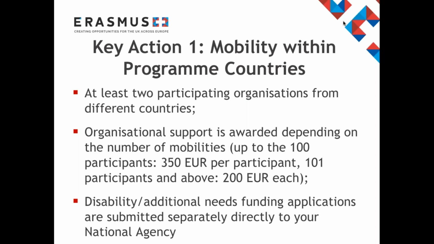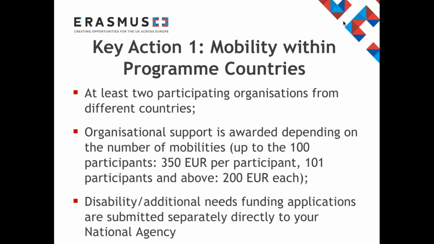There is also a budget available called Special Needs Support to help with the cost of special needs support or disability funding that a participant may require. This is available for staff and students with special needs requirements that will incur additional costs. Any applications for additional special needs or disability funding are to be submitted separately.